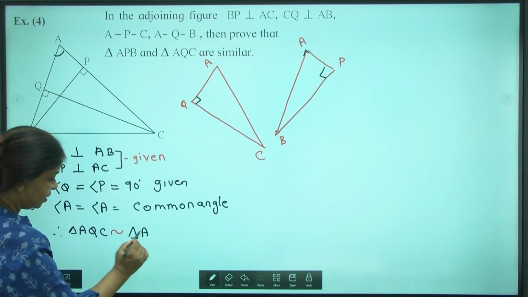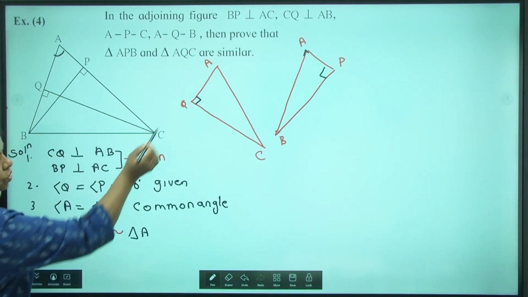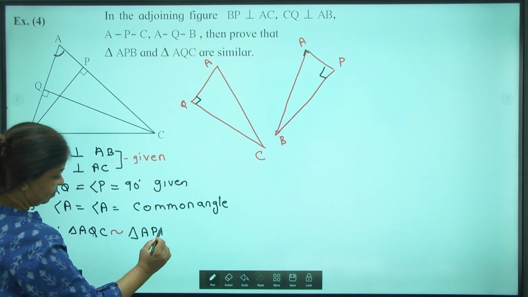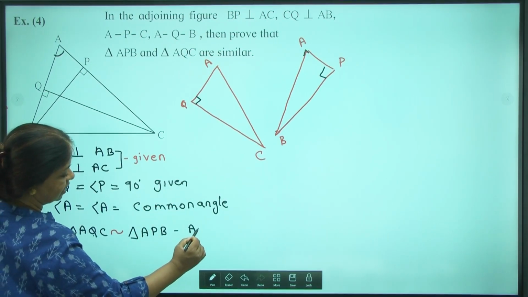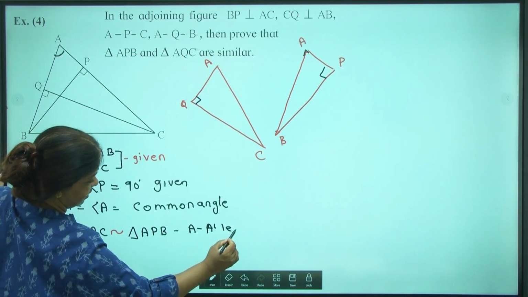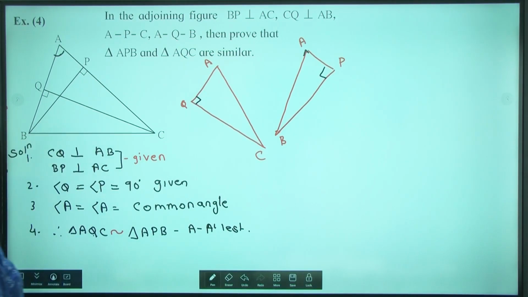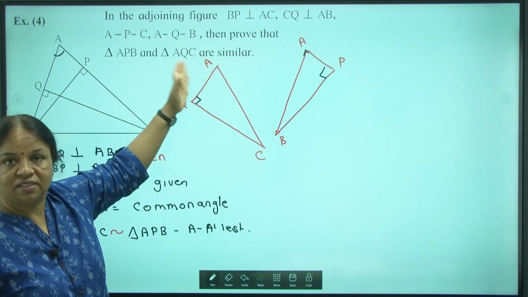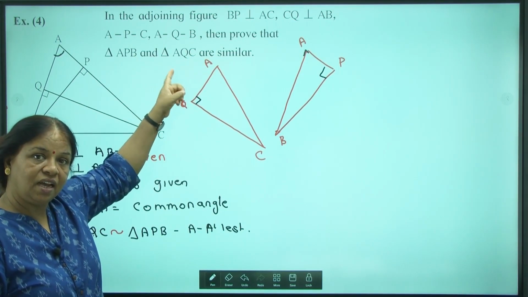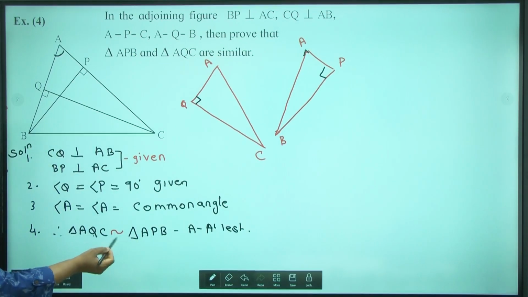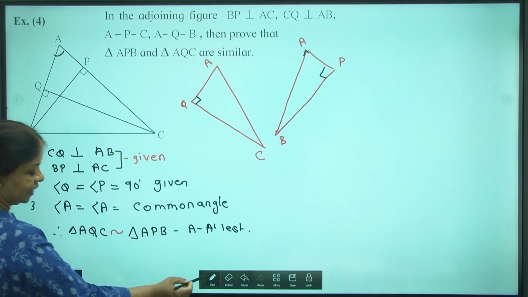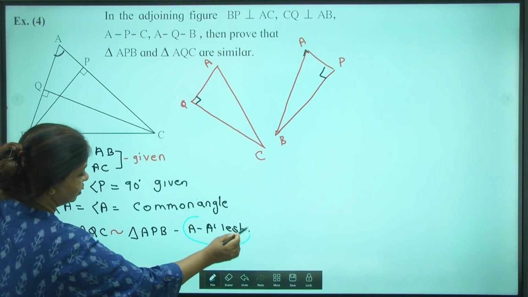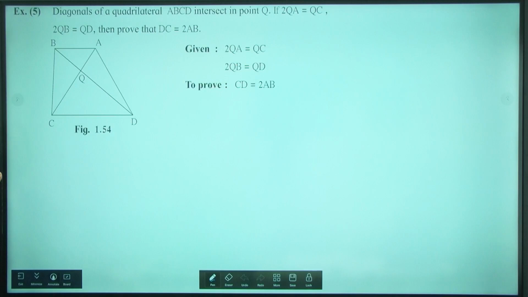Second angle is Q, and Q is equal to P, so P, and then last B, by the angle test. The question was also, are the triangles similar? Prove that the triangles are similar. So yes, the two triangles are similar by the angle test.